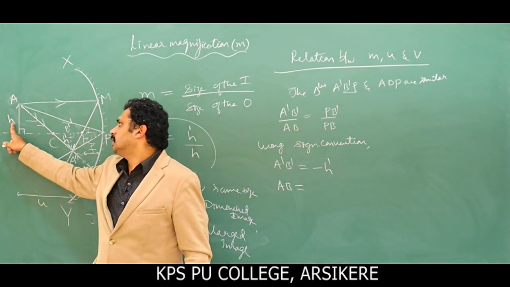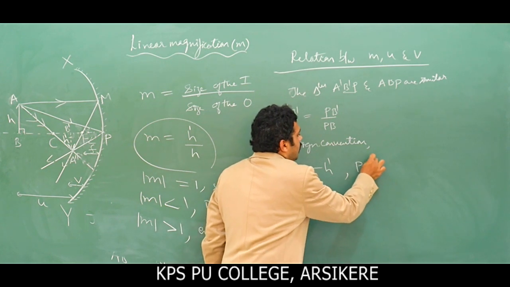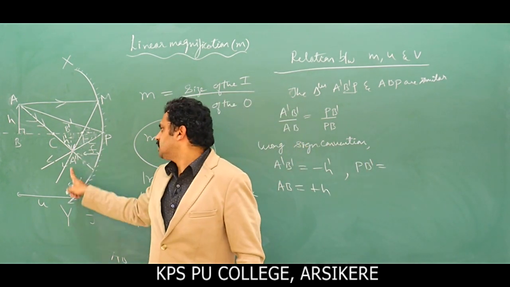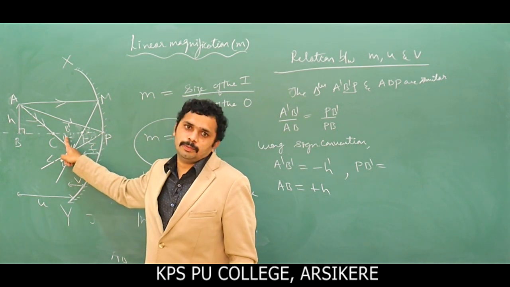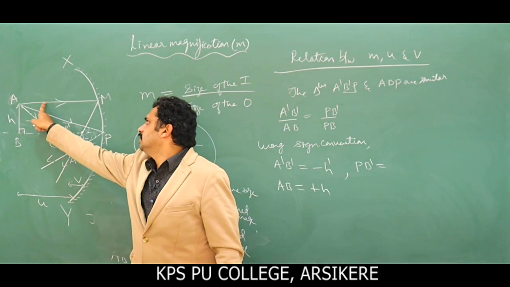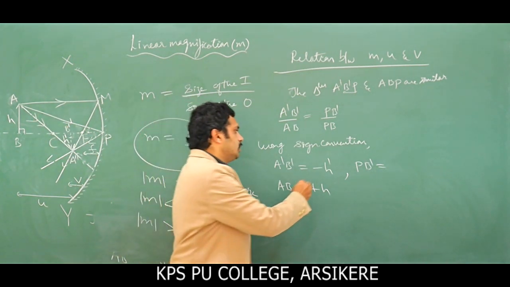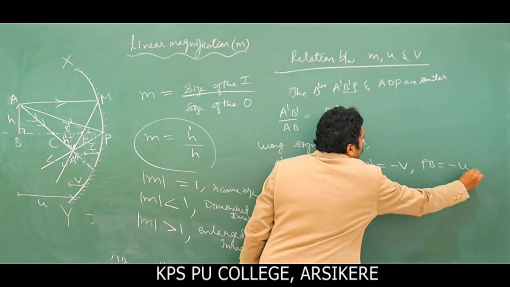Height measured upwards, h. P B dash is minus v, because all the distances are measured from the pole. You have to go from pole to B dash. This is against the direction of incident light, therefore minus v. PB, what is PB? Minus u.